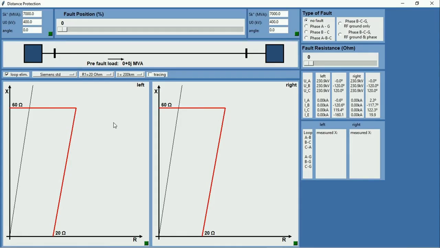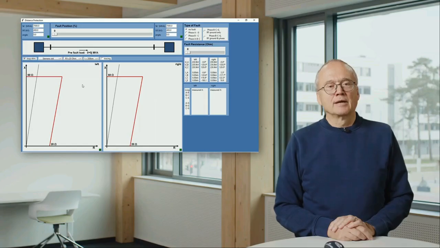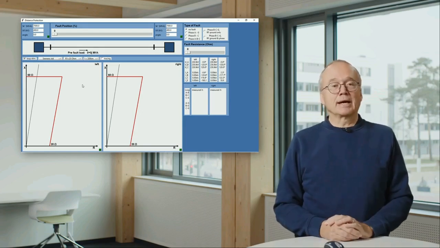You see here on the top the line. In this case it's a 200 kilometer line, and in the bottom part you see the first zone of the two protection relays on both sides. You see they have identical settings because they are protecting the same line.